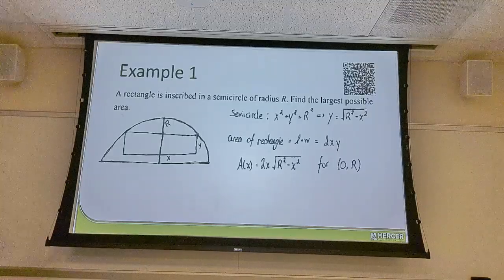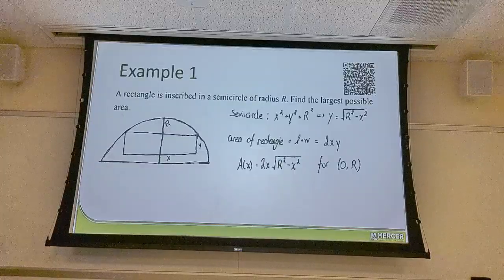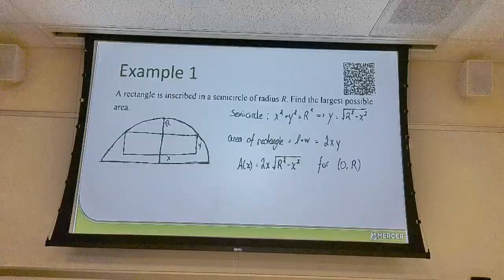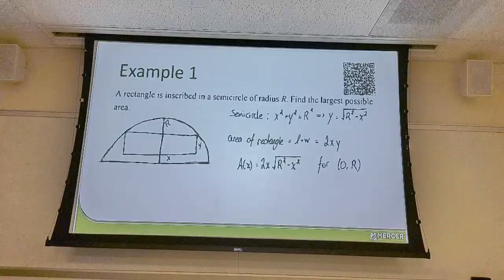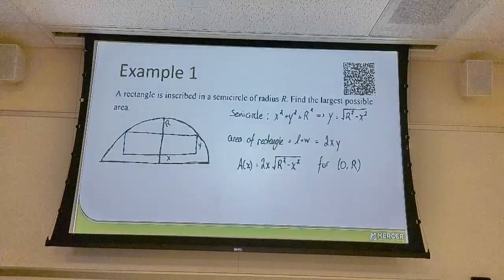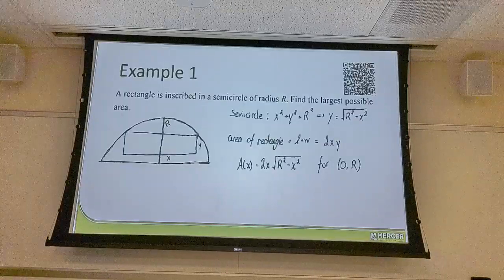We have our function to maximize. We have our domain. Now, it's time to do the math. So just like with related rates, that's the hardest part of the optimization problem, right? Is setting it up.